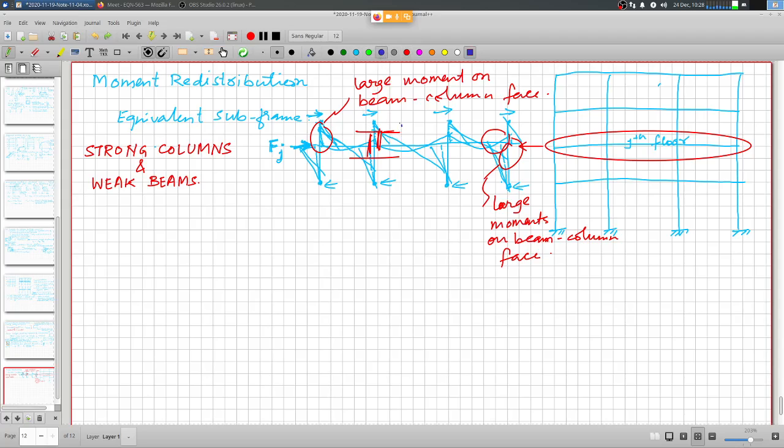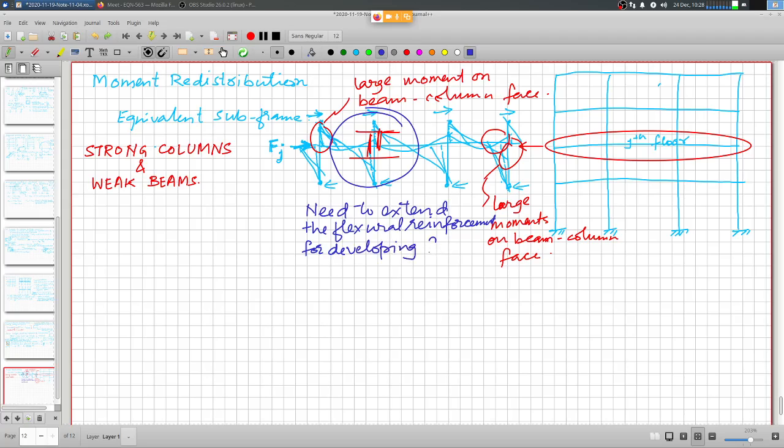right? Need to extend the flexural reinforcements for developing full bond.